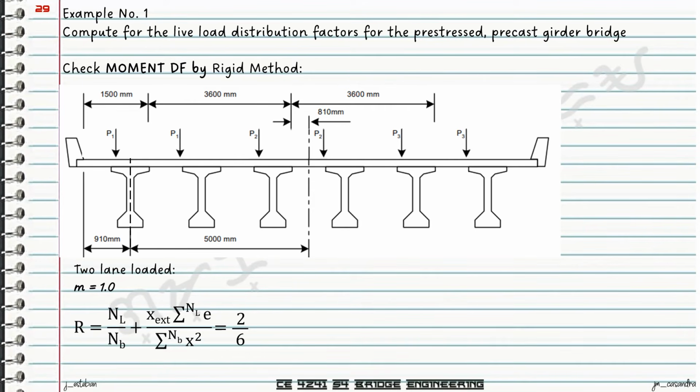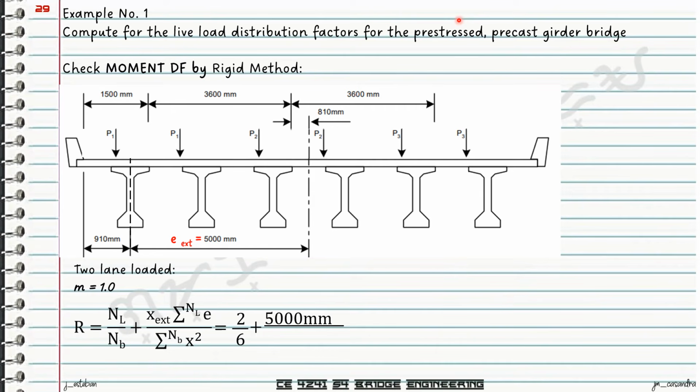So divide it by the number of beams, which is 6, plus your exterior x, the distance between the center of the set of girders to the center line of your most exterior beam, and that's equal to 5,000.